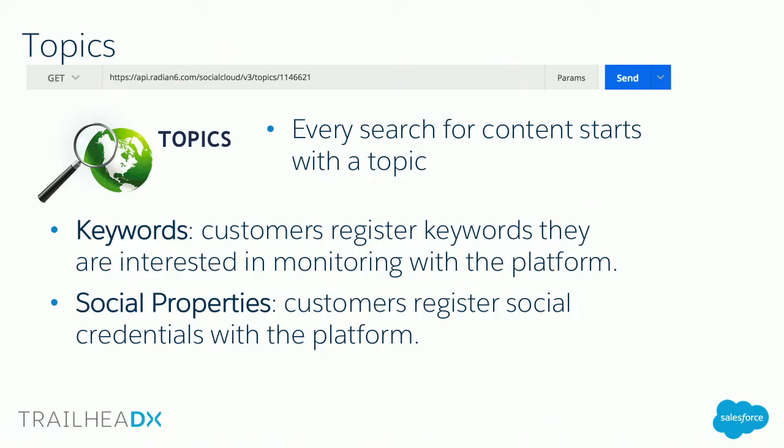And we've got 2 kinds. So customers give us keywords that they're interested in, or phrases. You just build a Boolean query, basically. Or what we call social properties. So these are managed pages that the brand owns. You can register those with us. We will download the posts from the networks on your behalf and let you respond to them, analyze them, that kind of thing.